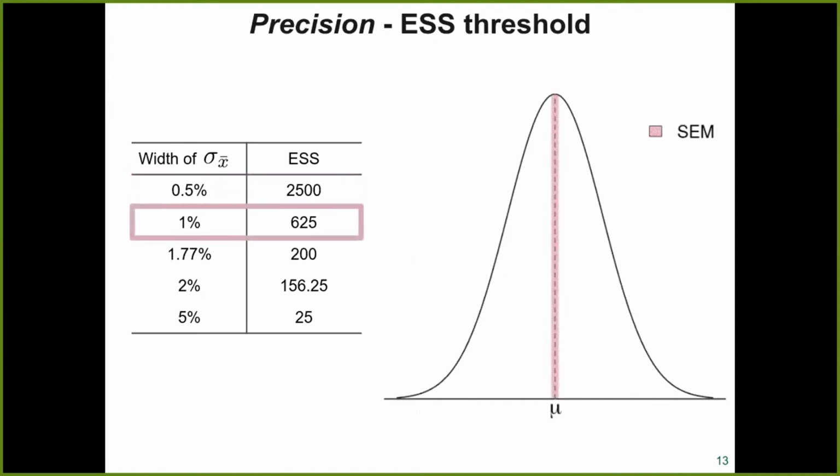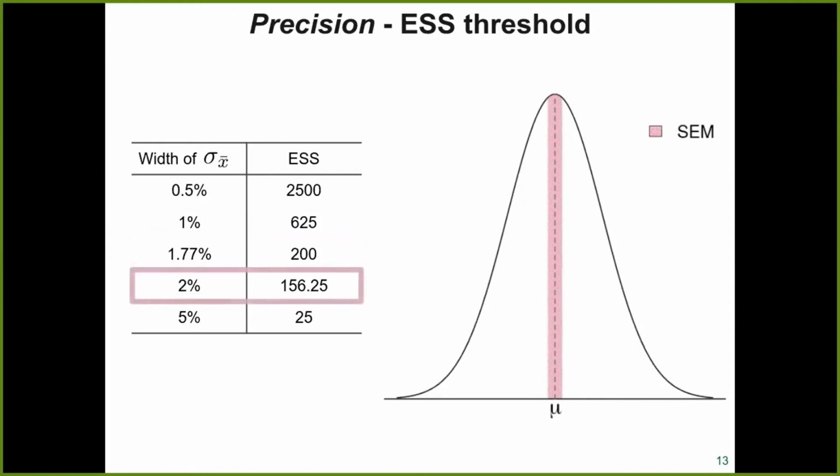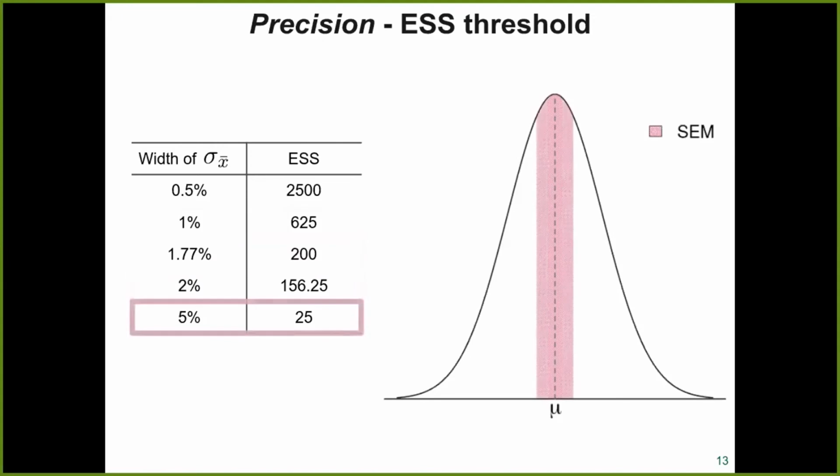For 1% and an ESS of 625, that's how much we are allowing the standard error of the mean to vary. And as we increase the width and decrease the ESS, this interval gets larger.